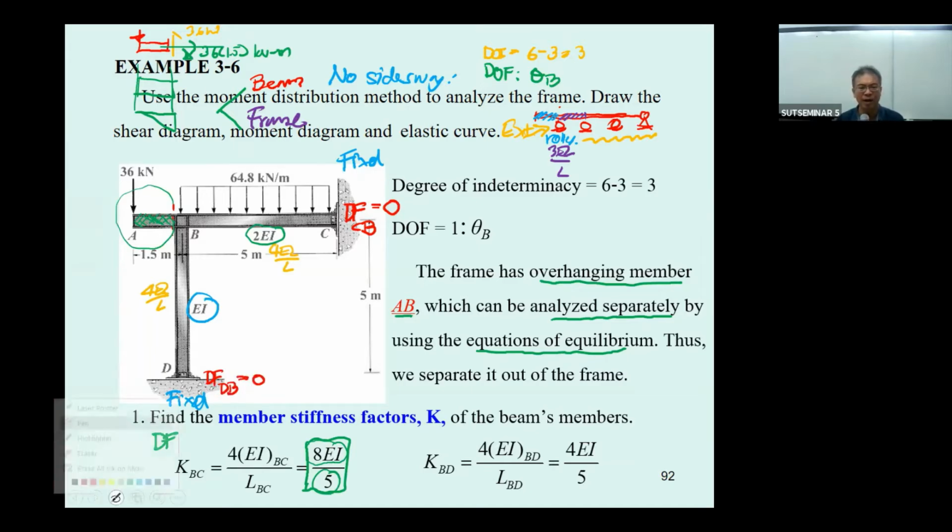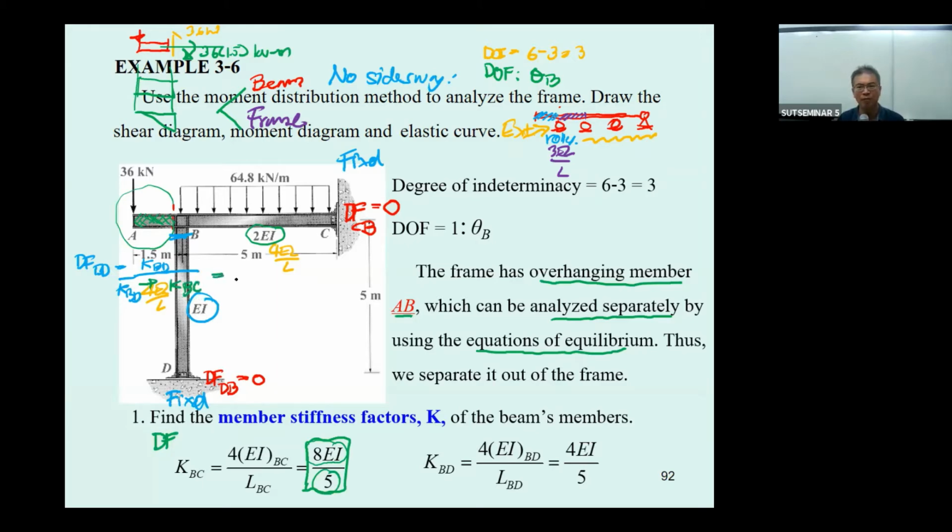So we move to this one, the distribution factor BD, and it's going to be K sub BD divided by K sub BD plus K sub BC.